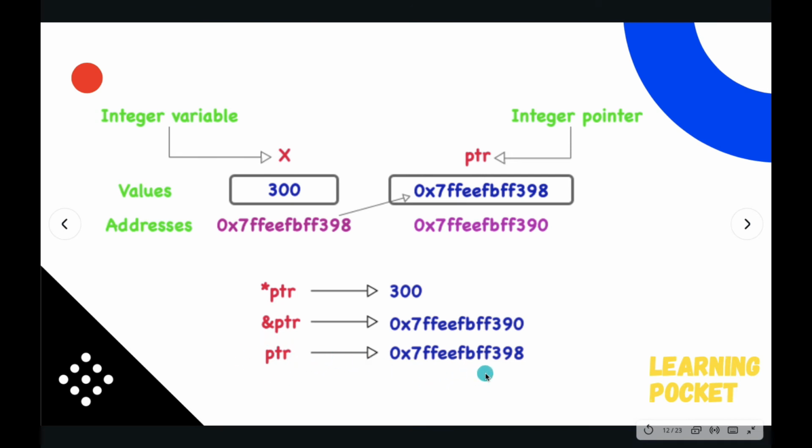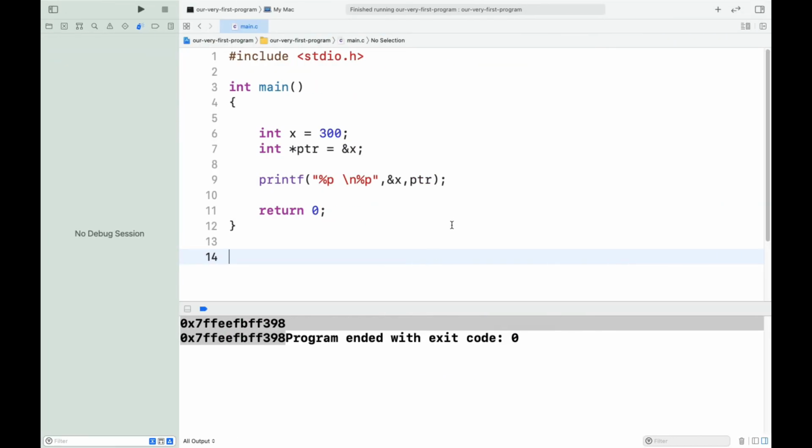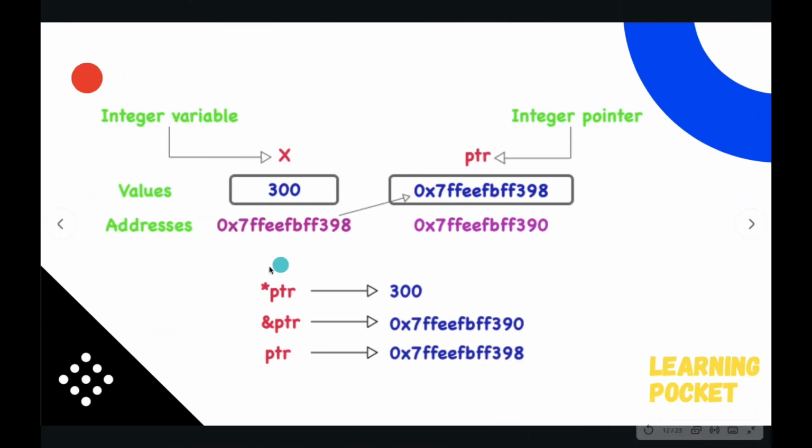So let's demonstrate it with the program itself, and let's have a separate printing statement for each, so that our program gets more clear. Address of x, and you cannot use this star operator with x because it is not a pointer. Okay, it is not storing any address.